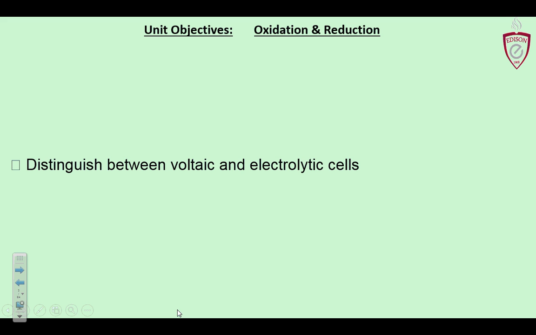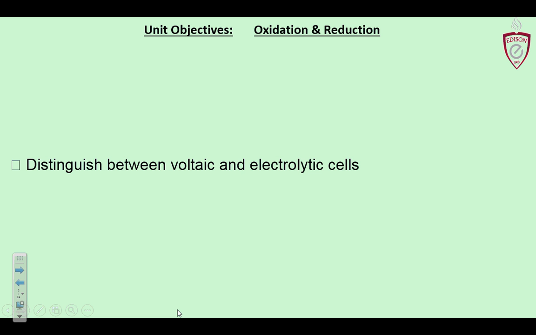This is my least favorite, but my most favorite are the electrolytic and voltaic cells. This is the reason why your cell phone has a battery, why batteries work, period. Hearing aids, cell phones, anything that's got a battery, whether it's a fancy lithium ion battery or one of those zinc alkaline batteries in the television remote, works because of oxidation and reduction.